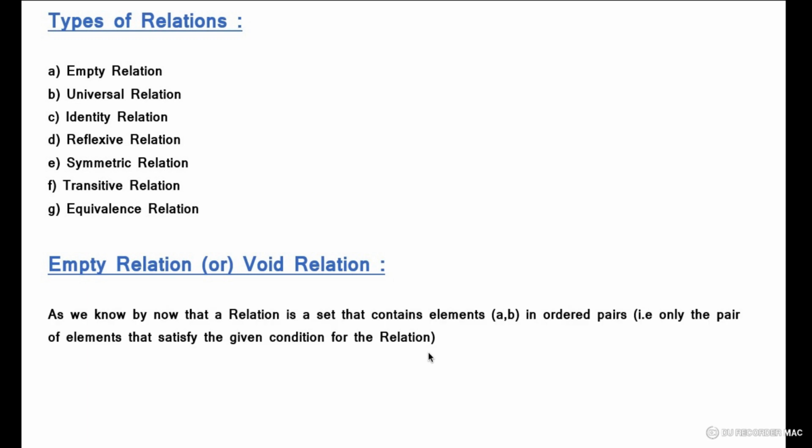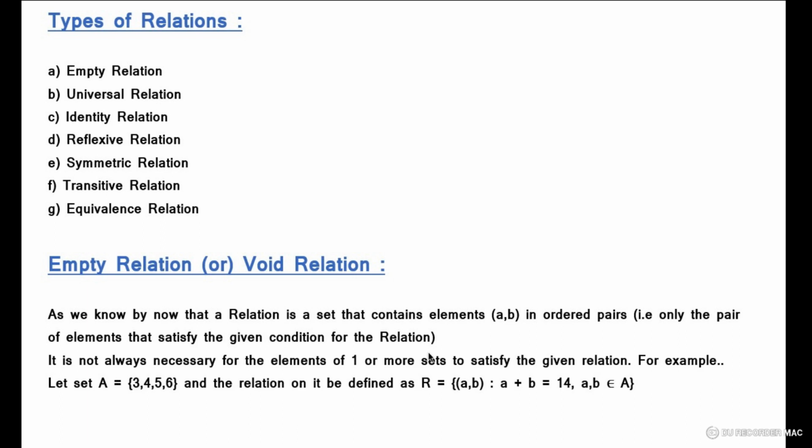Now, as we know by now, a relation is a set that contains elements (A, B) in ordered pairs. That is, only the pairs of elements that satisfy the given condition for the relation. It is not always necessary for the elements of one or more sets to satisfy the given relation.